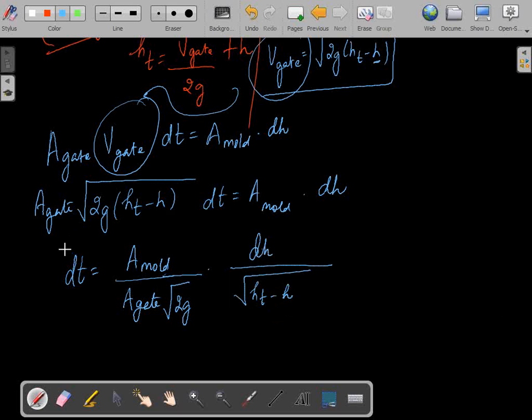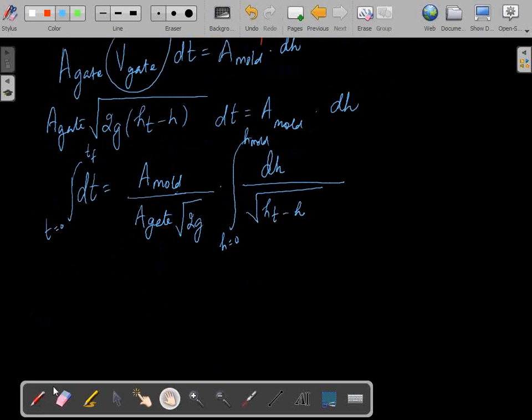Now your time starts from t is equal to 0 to tf, that is the total filling time. And your height starts from h is equal to 0 to mold height, that is h mold. So when you integrate this equation, you get that tf is equal to 2A mold into root ht minus root ht minus h mold.